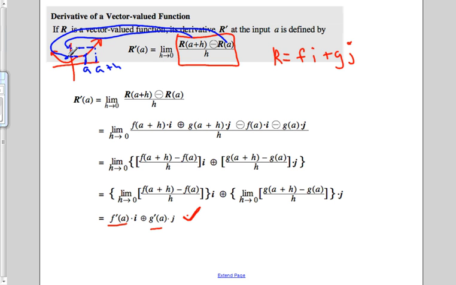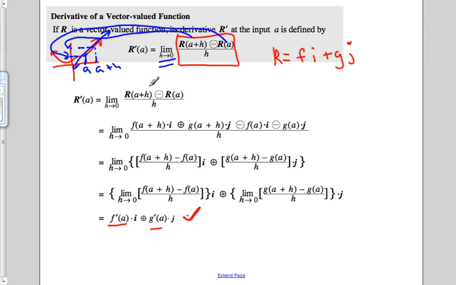What we're finding here is just the slope between those two points. And as we let h approach 0, these points are getting infinitely close to each other. So that slope becomes the derivative.